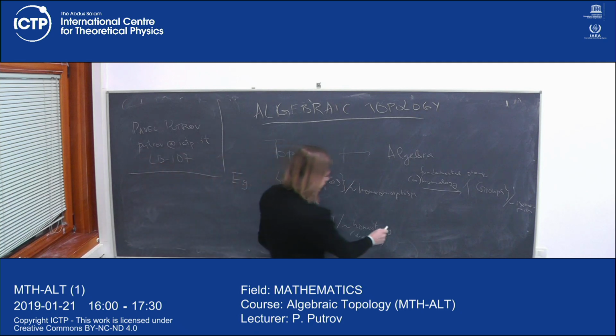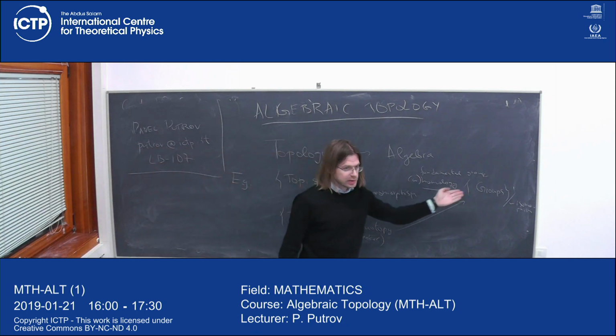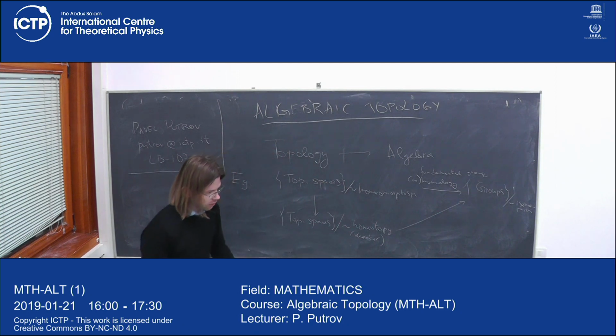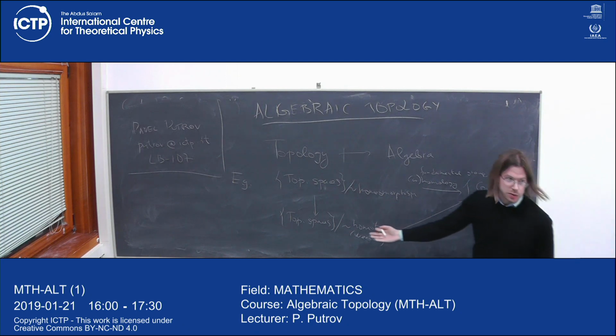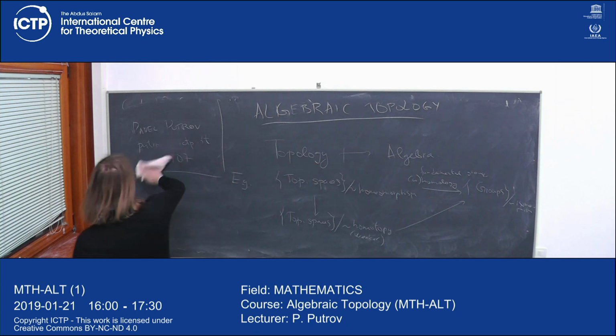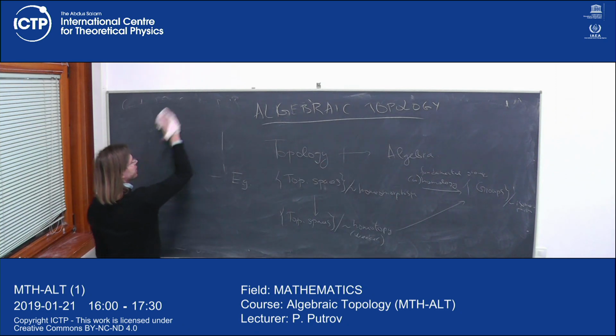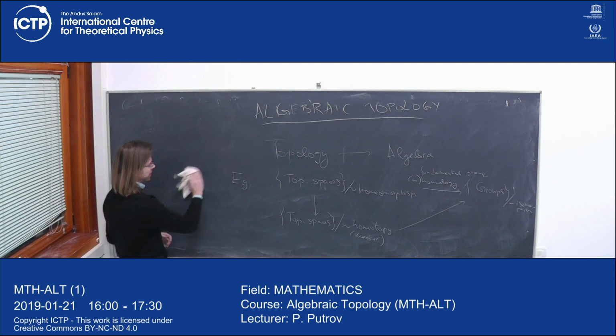So it will happen that in these examples, the fundamental group, homology, cohomology, the resulting group will depend not only on the homeomorphism class but on the homotopy class, but it will still provide nontrivial information about topology. This is a very brief motivation. Now we will come to more concrete things.